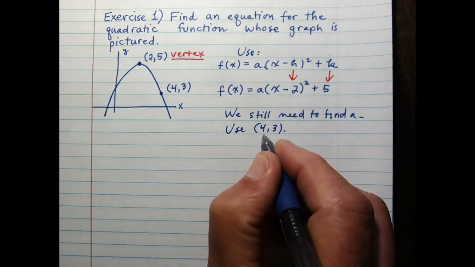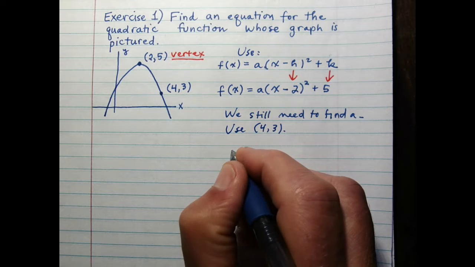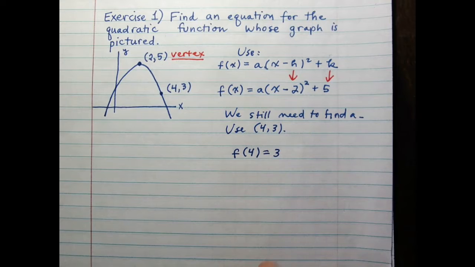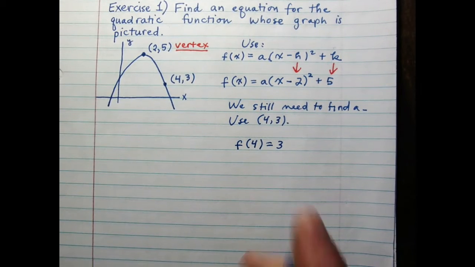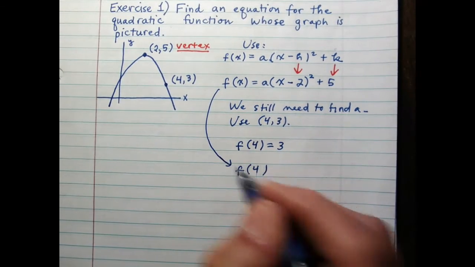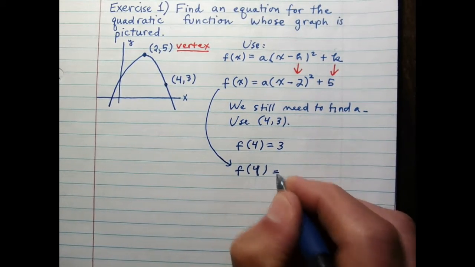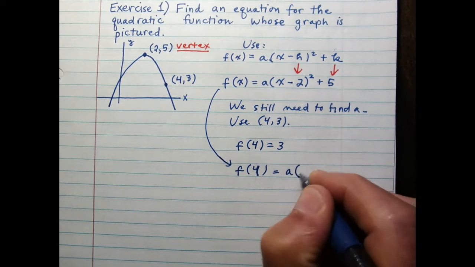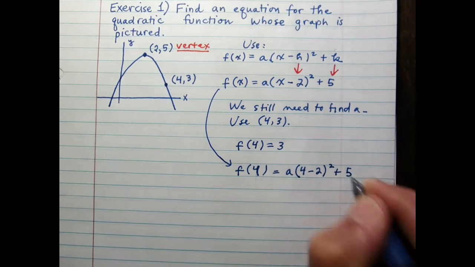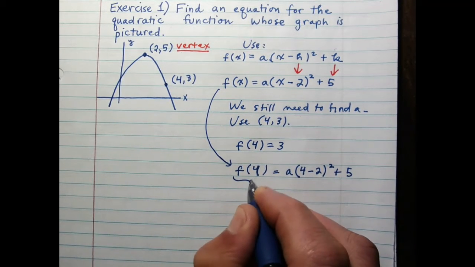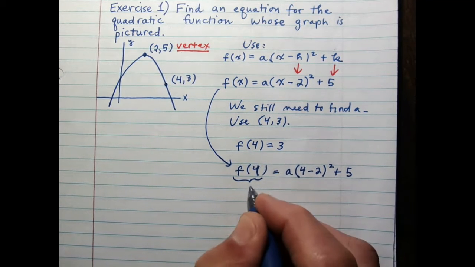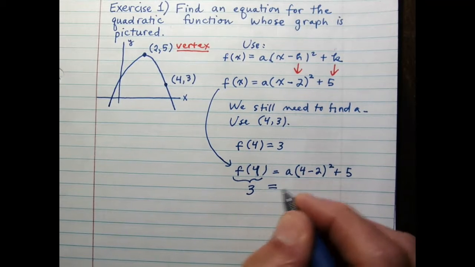And now we're going to interpret (4, 3) as telling us that f of 4 is equal to 3 for this function. f of 4, using the formula, is also equal to a times (4 minus 2) squared plus 5. So this f of 4 that I get from the formula, I can set equal to 3, the y coordinate.